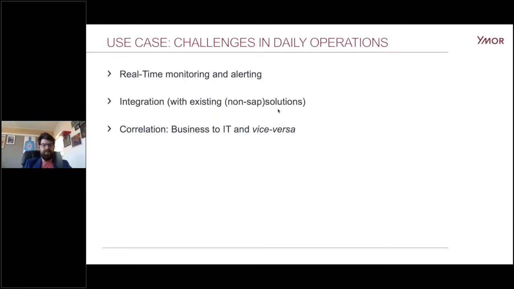As a daily operations person responsible for keeping everything up and running, you also would like to know, hey, how do errors in SM58, or how does worker process utilization, or how do ABAP dumps negatively impact the business KPIs, and which KPIs are impacted?